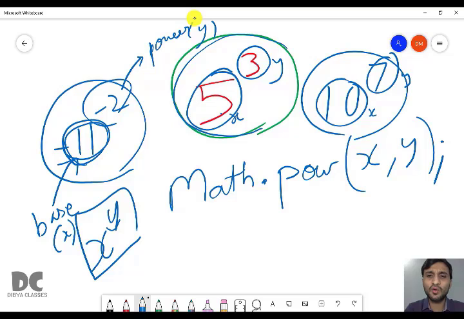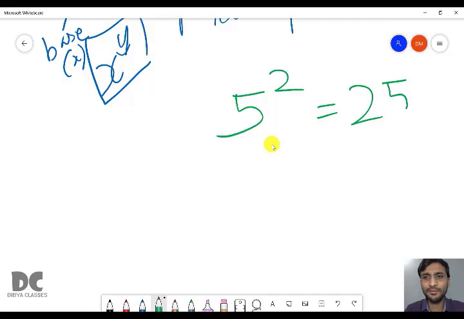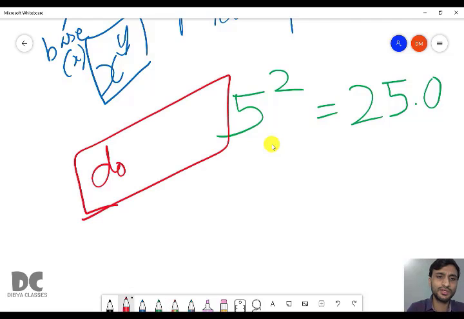And remember, the output is always in decimal form. For example, you are finding 5 to the power 2. The answer will be 25, but in Java it will not be 25, it will be 25.0. It will always be in double. You have to remember that. Don't take int.